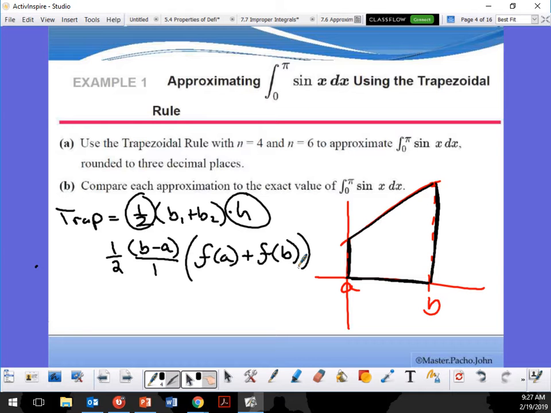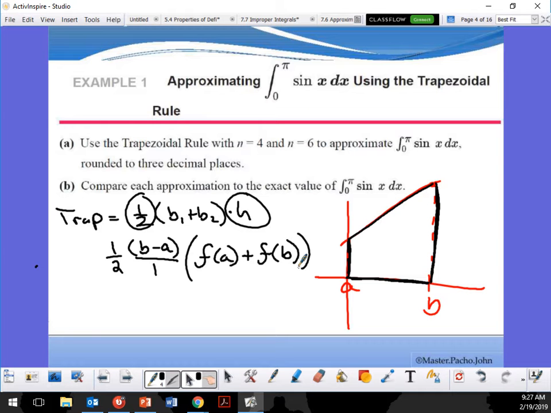Now I'm going to divide it up a little bit more. This is the simplest version of the formula, just for one trapezoid.